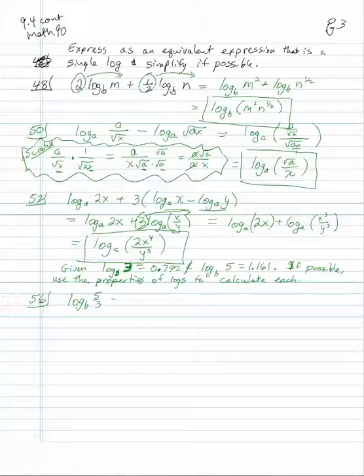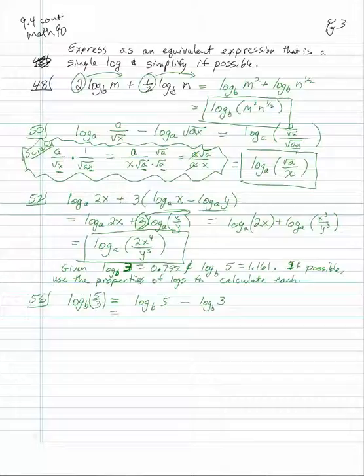So what I like about this one is, since we don't know what the base is, there's no way to do this unless you think about the properties, right? So if I'm dividing the numbers inside, I can split it up into the log of 5 minus log of 3, base b. And then we're given the log of 5.